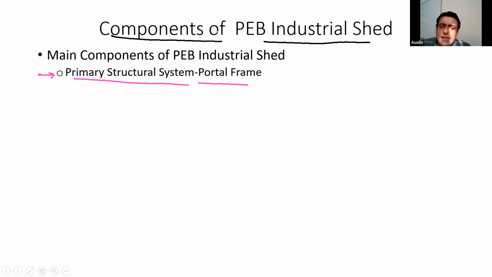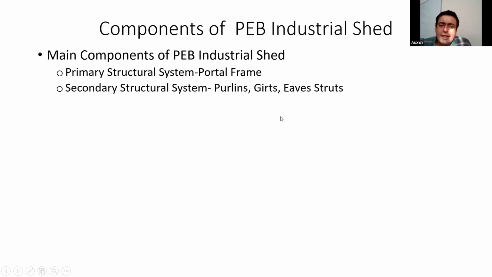If you understand the design and detailing of these components, basically you will understand the entire design and detailing of your PEB shed. So any PEB industrial shed that you come across will have some primary structural system, which will comprise portal frames, as I just explained. In addition, you will have some secondary structural system. Secondary structural system would mean purlins, girts, and eave struts.